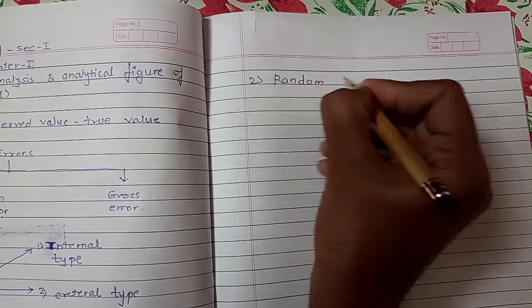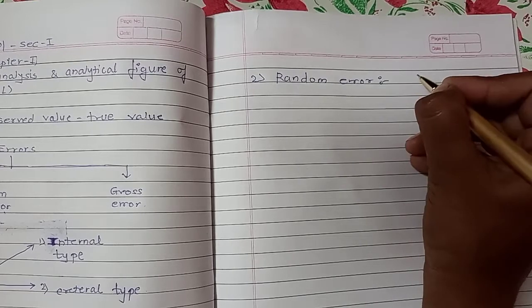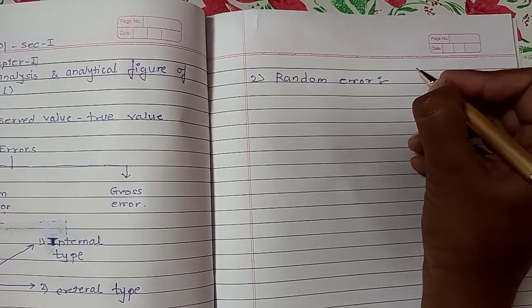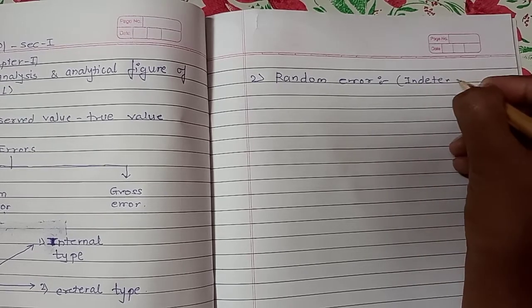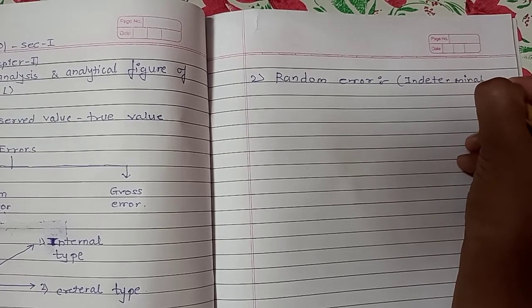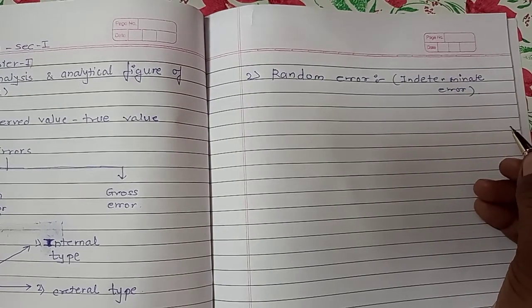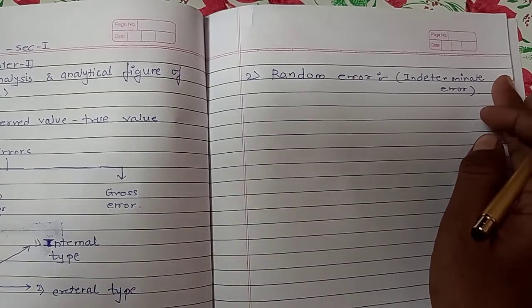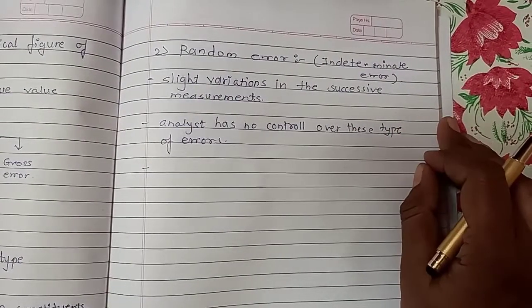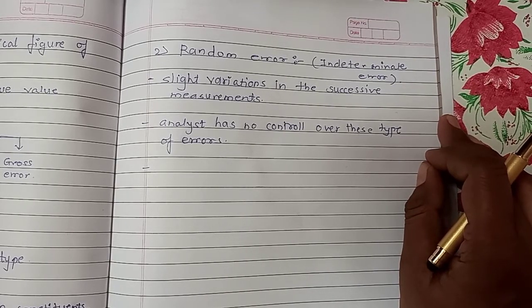This error is also called an indeterminate error. The random error occurs due to slight variations in the successive measurements.